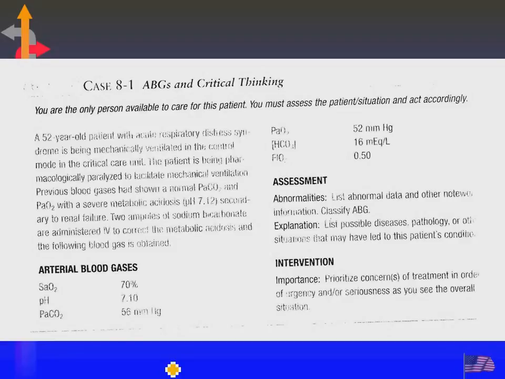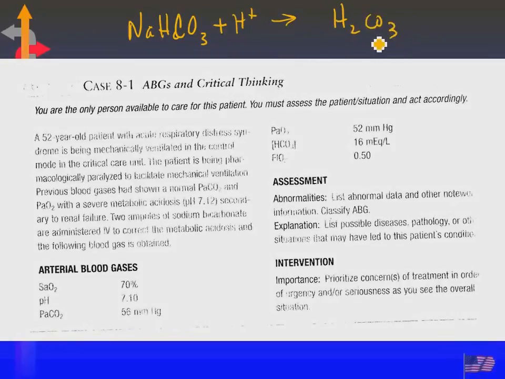The problem was giving the bicarbonate, right? Sure it does. When this controls this, you end up with this. Carbonic acid. That's going to dissociate into CO2 and water. Where's that going to go? Can't be blown off. I'm controlled.